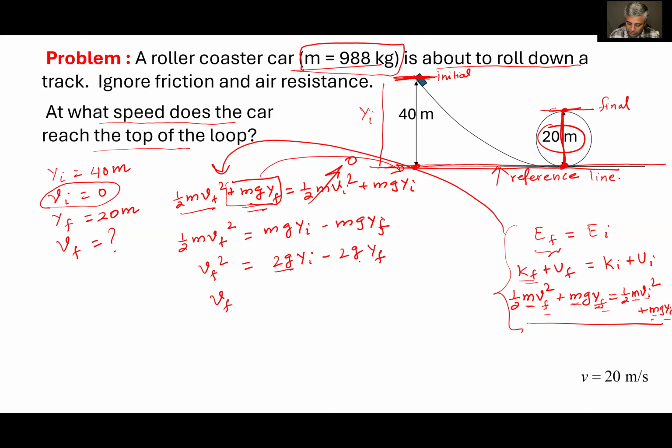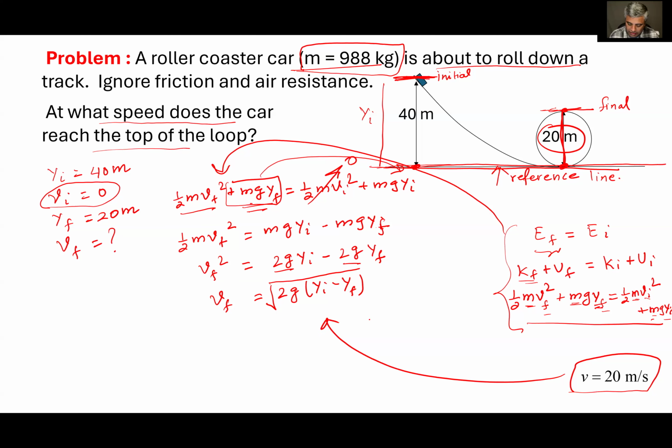There is 2g, 2g. If you do not want to multiply the same thing twice, you can factor this out and just write something like that, and it looks neat and clean. Okay. So all these numbers are known. So that means we should be able to calculate the speed, and the final number is given here.